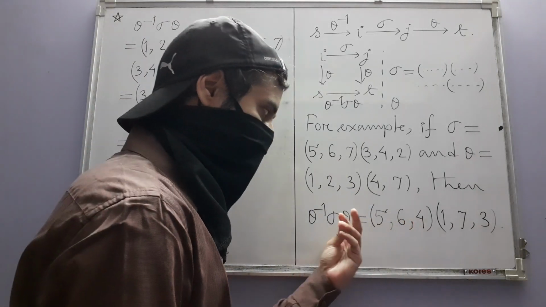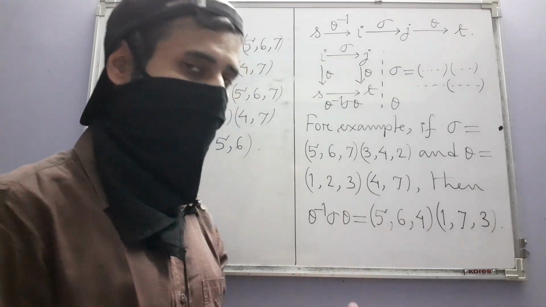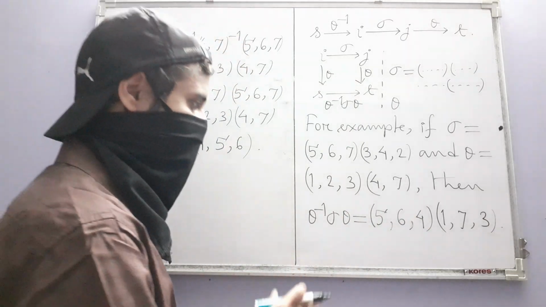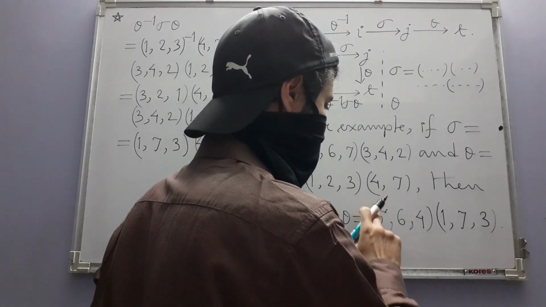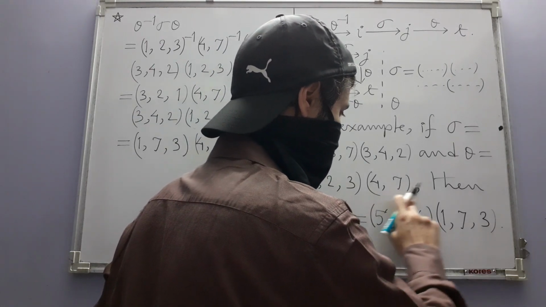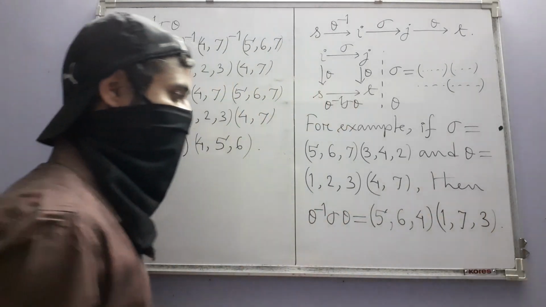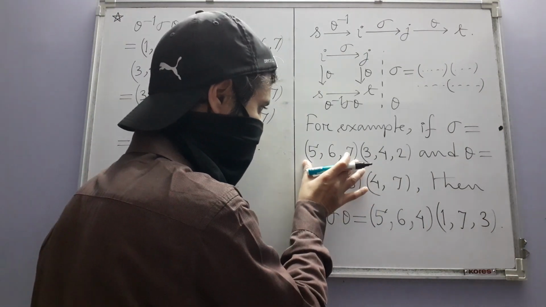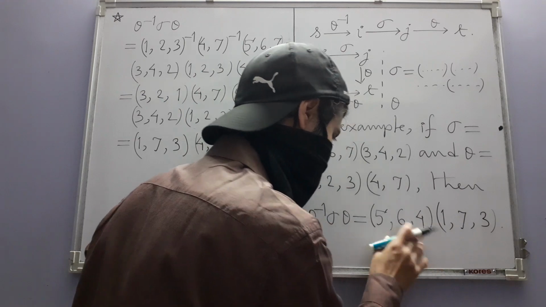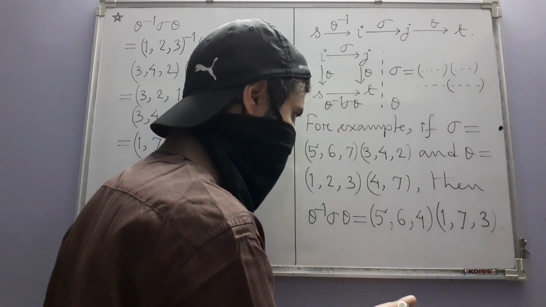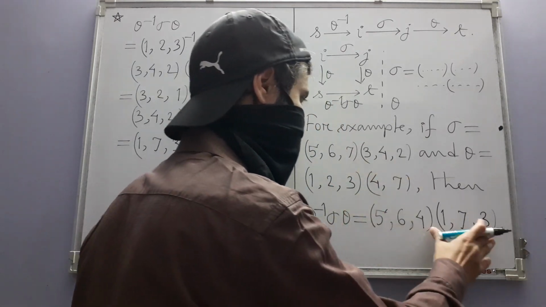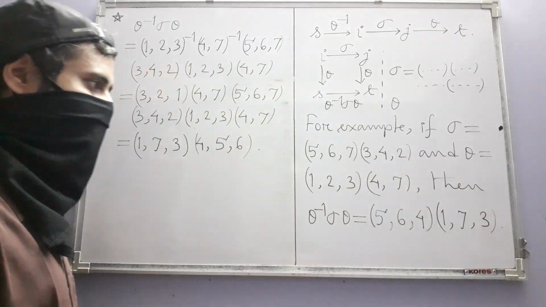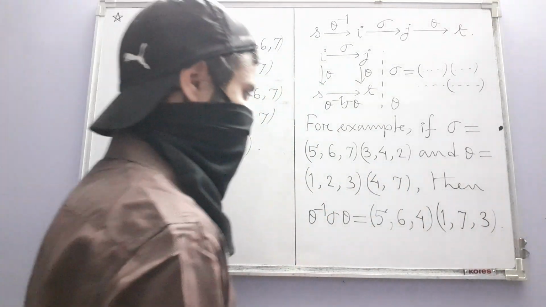So the symbols are changing, okay, changing or not changing, whatever is happening, but that has no effect on the cycle lengths. Here we had a 3 cycle, here also we have a 3 cycle, a different 3 cycle, but still a 3 cycle. Again, here also we are having a 3 cycle. In place of this one, we have another one, but still a 3 cycle.